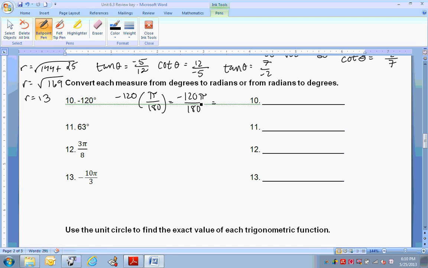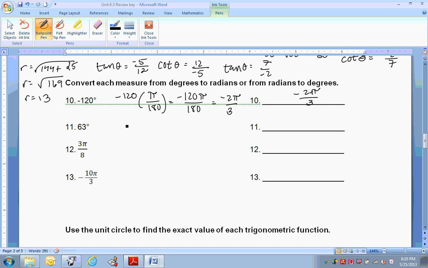And we can reduce those numbers to be negative 2 pi over 3, since 120 over 180 reduces down to 2 over 3. So negative 120 degrees in radians is negative 2 pi over 3.